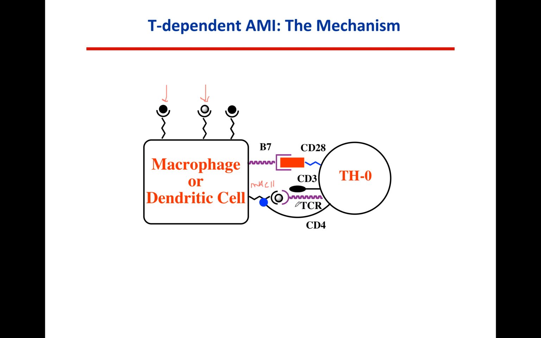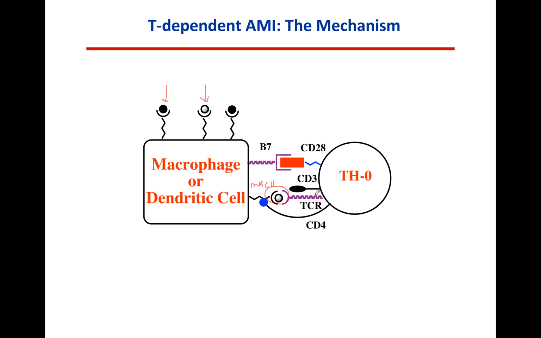This set of interactions, as we'll see, is really critical. Because each T cell, as we saw with B cells that produce a particular antibody or B cell receptor, produces its own specific type of T cell receptor that will recognize a peptide and the MHC2.